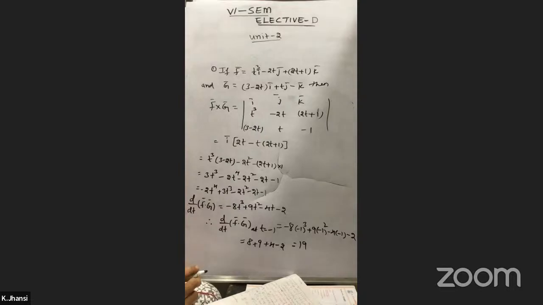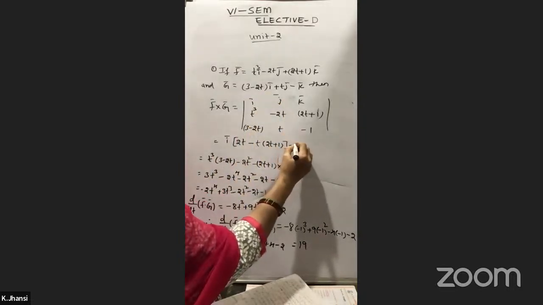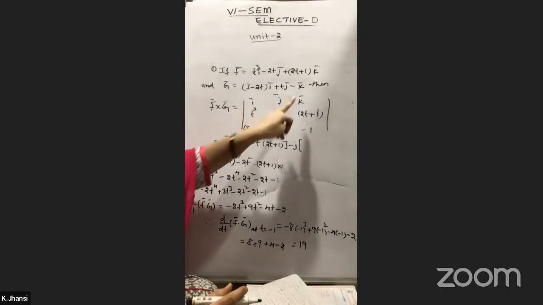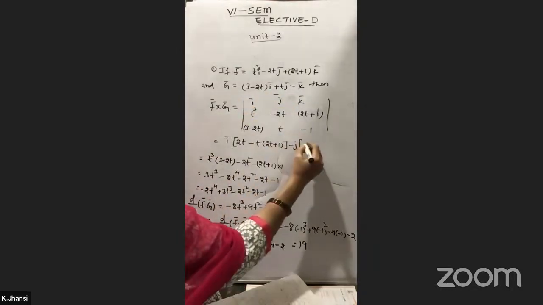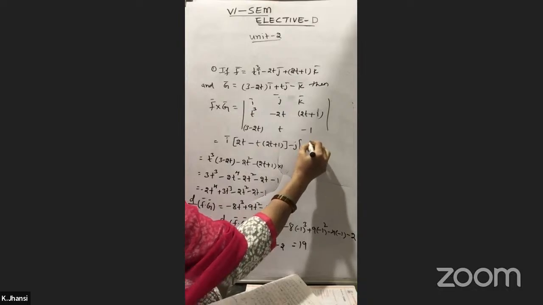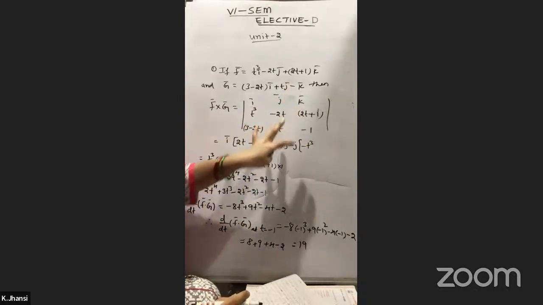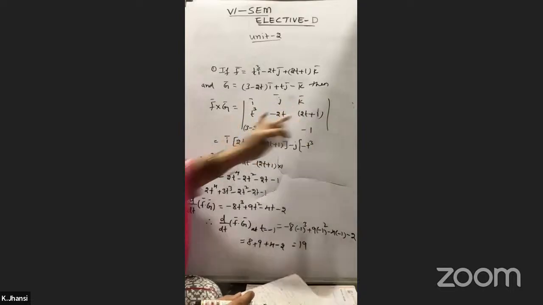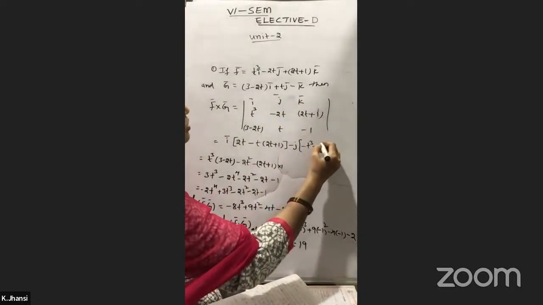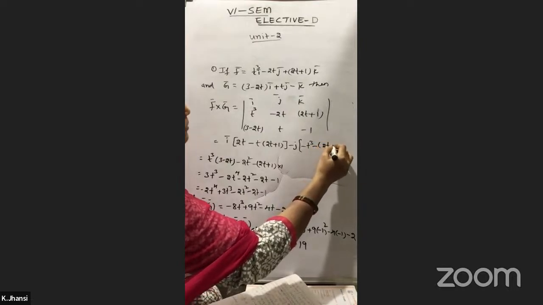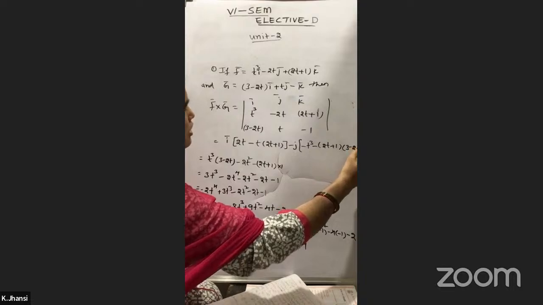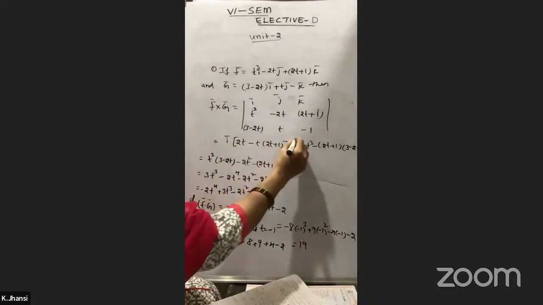Okay. Next, minus j into, if you eliminate this column and this row, minus t cube minus the product of these two, that is minus of 2t plus 1 into 3 minus 2t. Okay, this is for j.